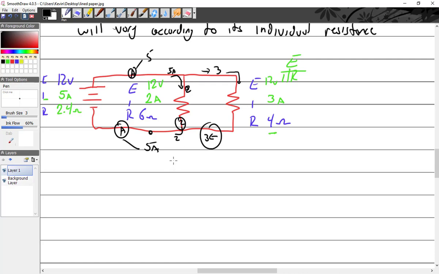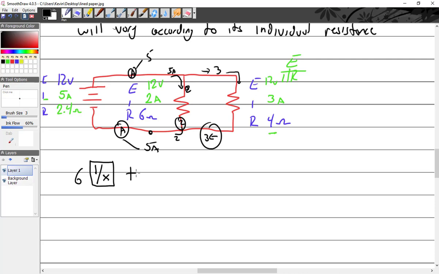Could you please go over finding the total resistance? You bet. In this particular one, in my calculator, I put 6, and then I hit the 1 over X key.